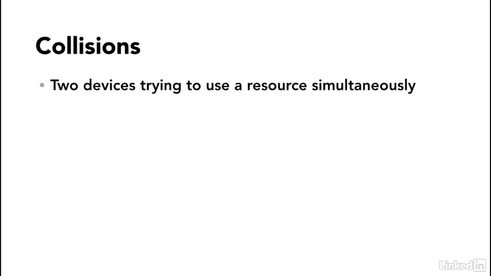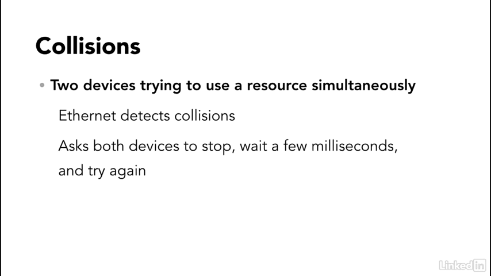When two devices on the network try to use the same resource simultaneously, we call that a collision. For example, if two computers are trying to send out information at exactly the same time, that is a collision. The Ethernet protocol automatically detects collisions and does something to fix them. What it does, it asks both devices to stop sending information. It asks both of them to wait a few milliseconds and try again.